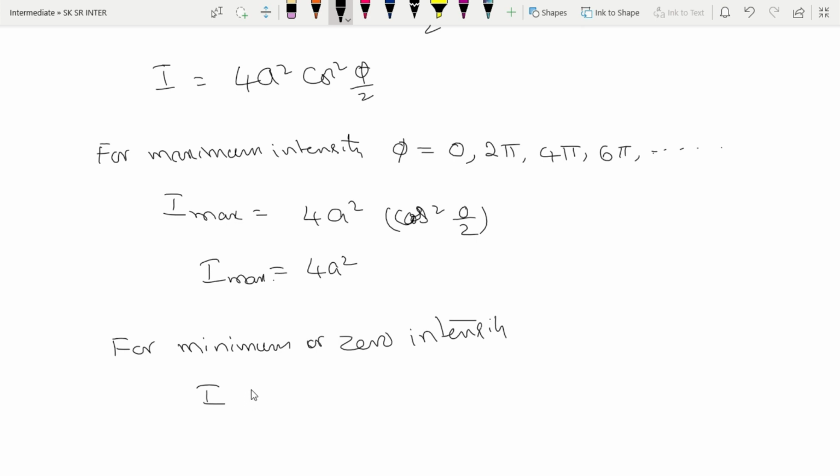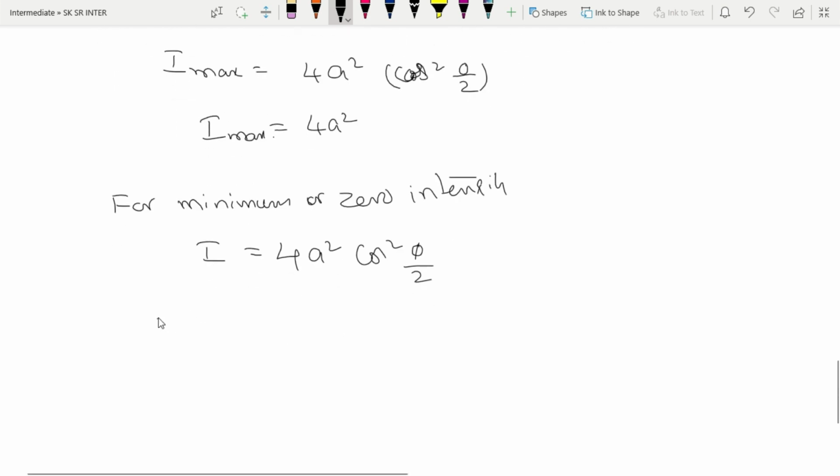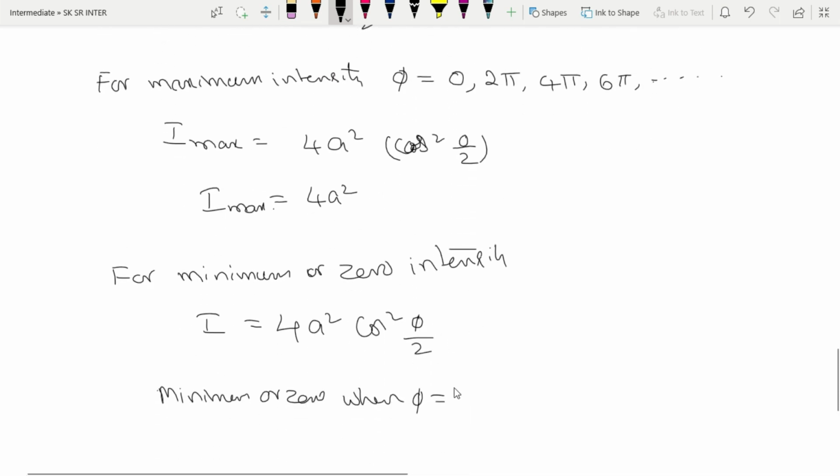Now again I have considered 4a square cos square phi by 2. So it is minimum or zero when phi is equal to pi, again 3 pi, 5 pi, 7 pi and so on.